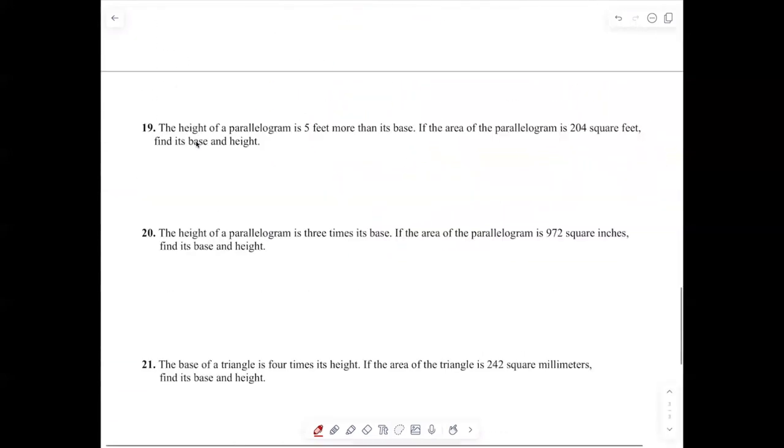Check that. The height of a parallelogram. Okay. Now we'll get into some algebra just to make sure. All right, you're in good shape. Everybody look at 19. The height of a parallelogram is 5 more than its base. If the area of the parallelogram is 204 square feet, find its base and height.